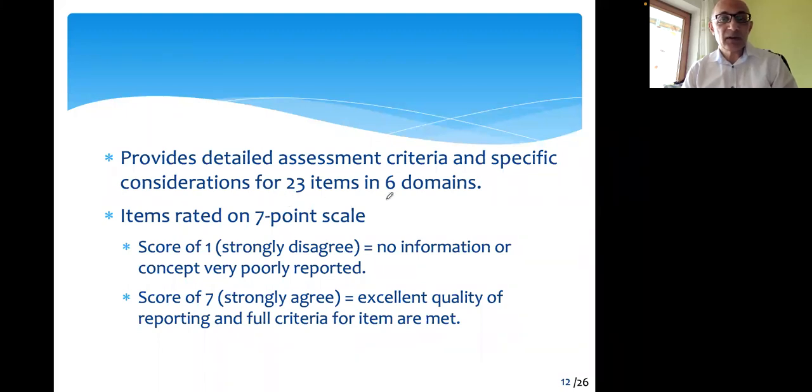As I said, there are 6 domains in total, and under these domains there are 23 items. And this AGREE instrument suggests that each item is rated on a 7-point scale from 1 to 7.